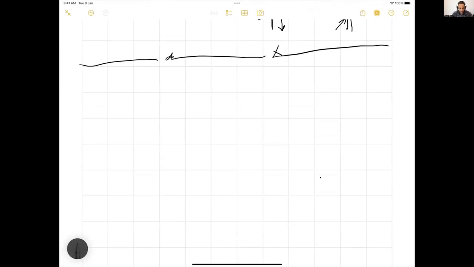Okay. Let's take a look at some zones and ranges here.